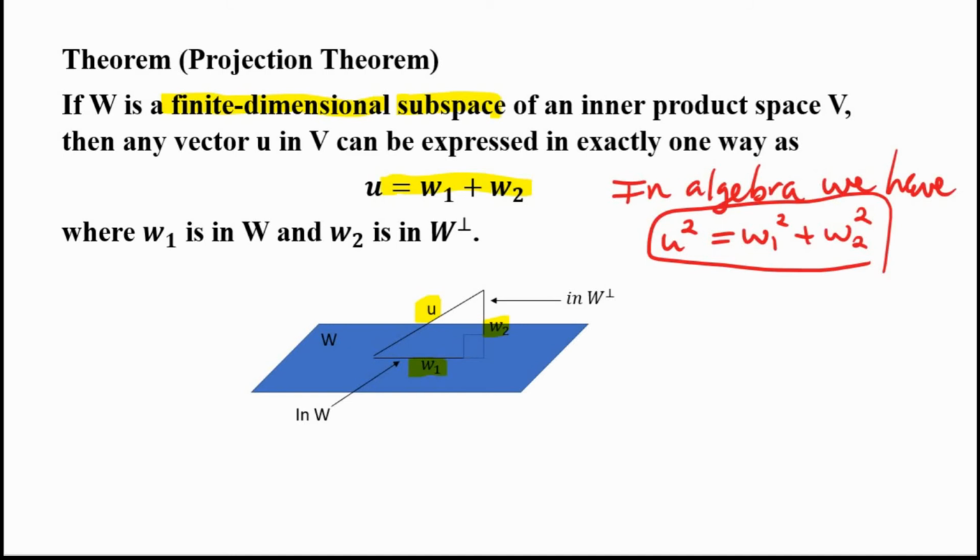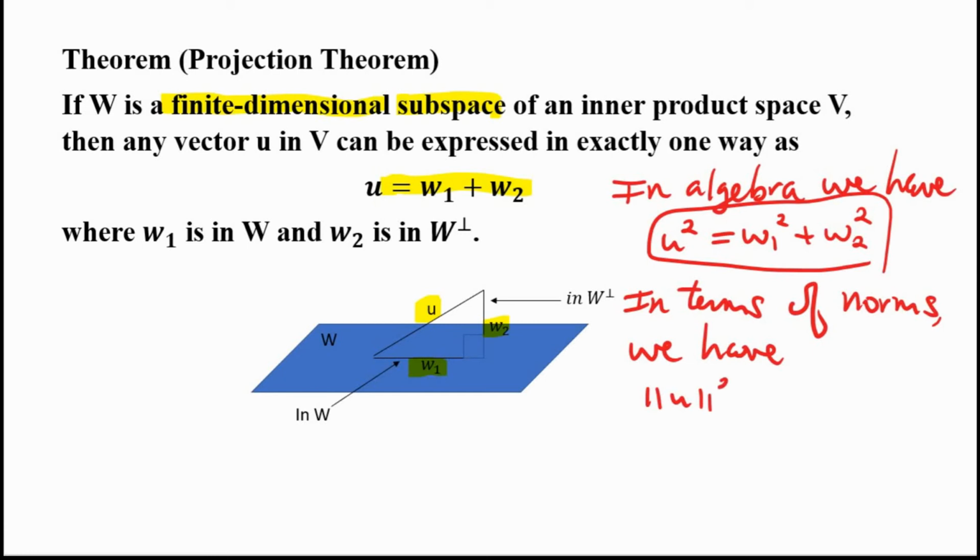So in terms of norms, we have the norm of u squared is equal to the norm of w sub 1 squared plus the norm of w sub 2 squared. So that again looks like Pythagoras.